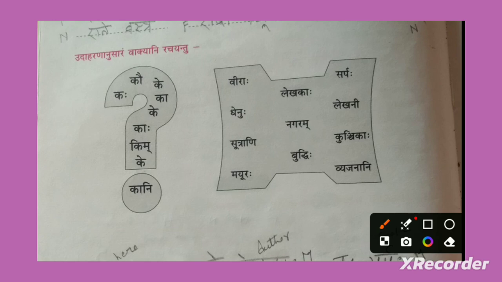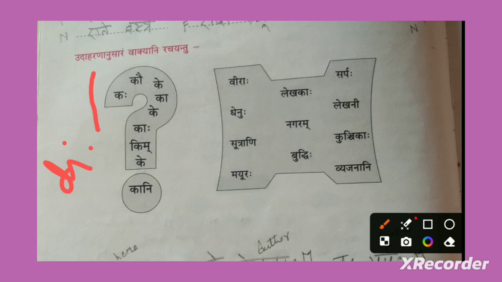The declension is kaha kau ke. Kaha kau ke means how or what. If you want to ask how it happened and what exactly happened, you will use these forms.